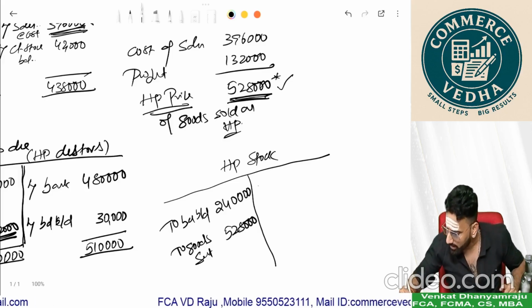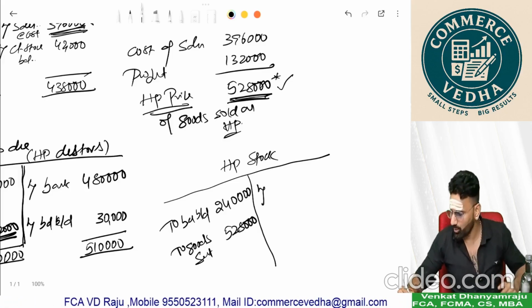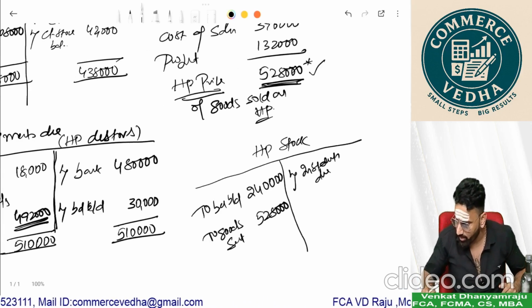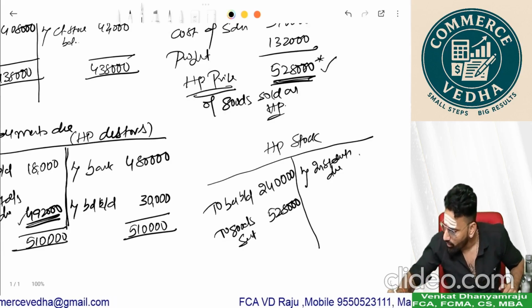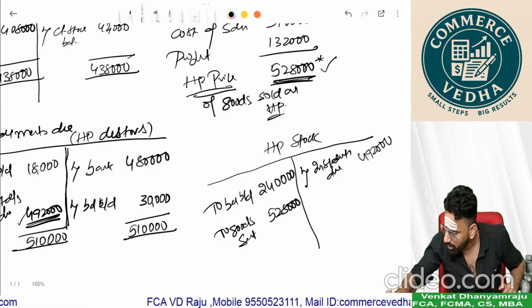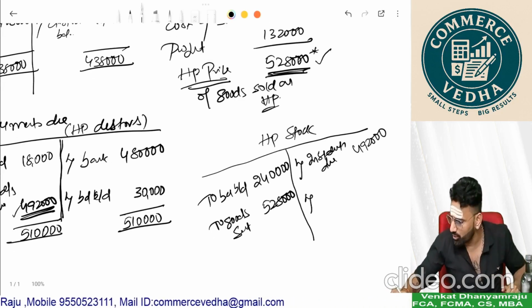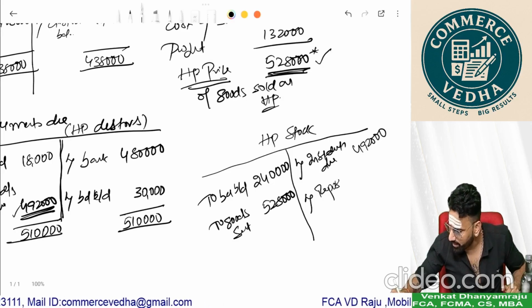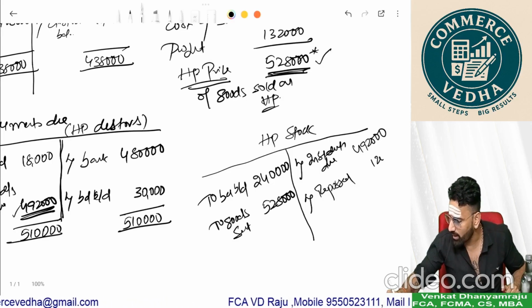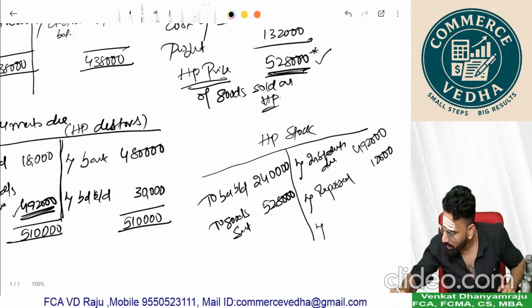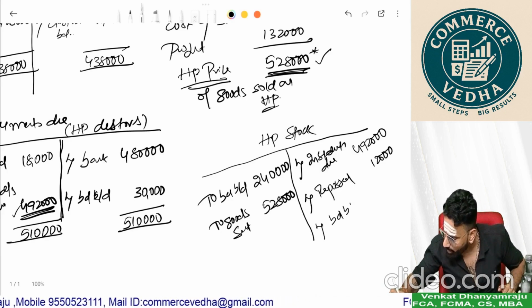And current year installments due, we computed here 4,92,000 and repossessed from installment not yet due. So I'll write repossessed, which is 12,000.